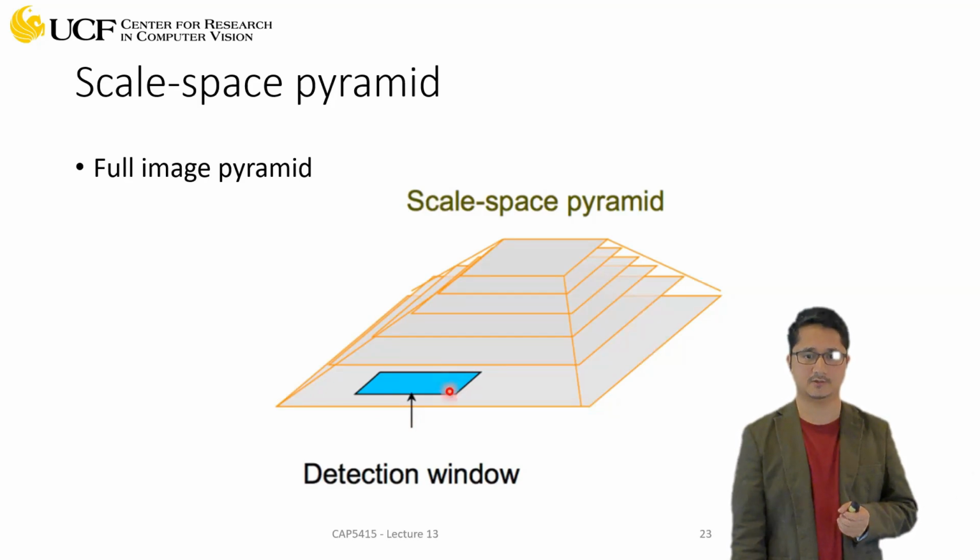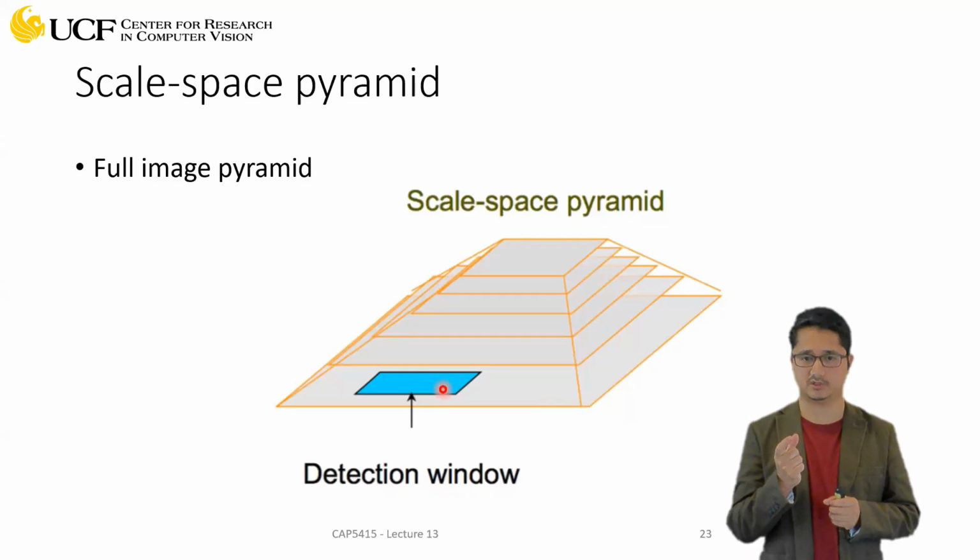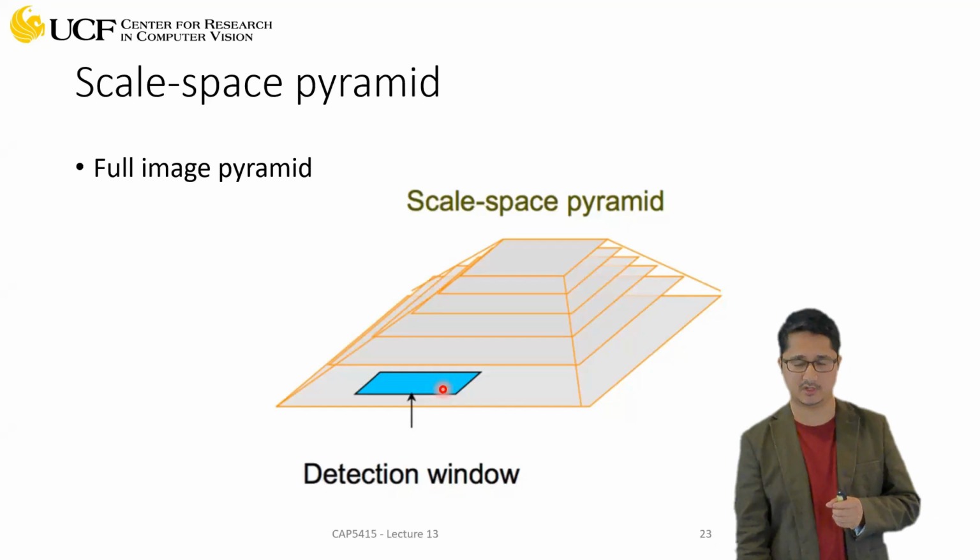Now you can see that in the highest resolution image, you're actually trying to detect the smallest scale of your object. Okay, and the idea is, if you are using this detection window, and this is, let's say, matching one particular individual, that will be the height and width of that individual, right?